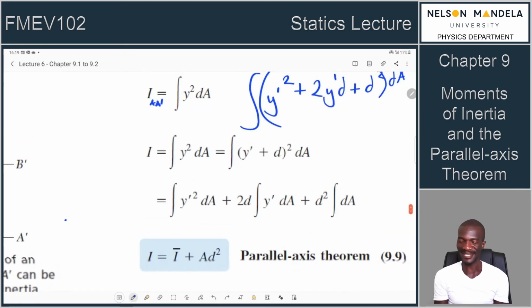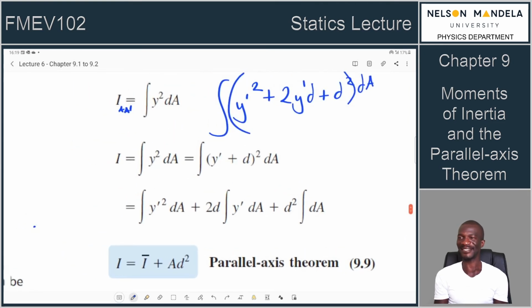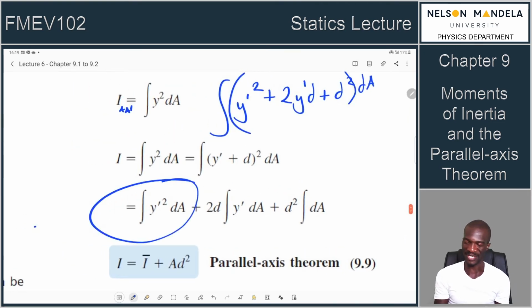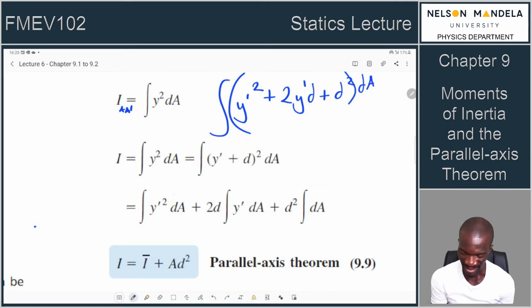So what can you see in this equation? There are some terms that are very common that we are used to. This term, we've been playing around with it, isn't it? That is the moment of inertia.